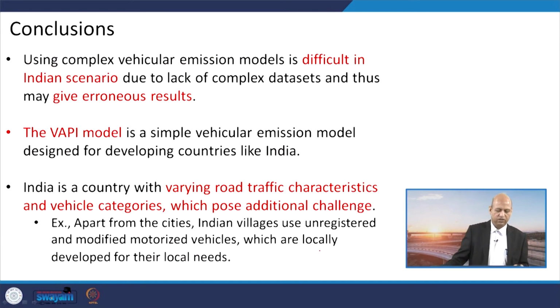So, that is the limitation of the VAPI model, and in conclusion we can say that the application of these models can really help us to generate different scenarios. We can play with them using the emission factors of different fuels or different technologies, and then we can apply correction factors of the altitude. So, we can also see the variations in terms of the impact of altitude on emissions of different pollutants.